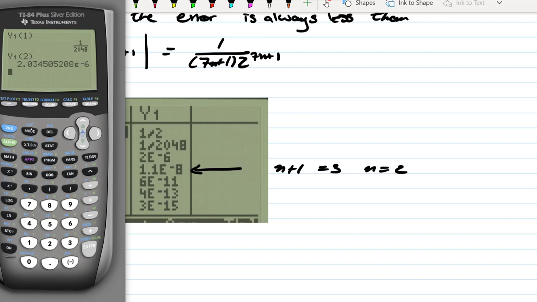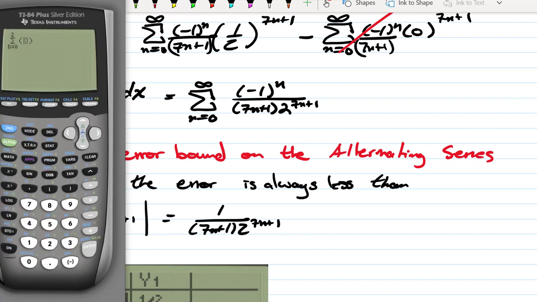and add up the first couple of terms, so we go sum as n goes from 0 to 2 of, now we got to go back to our original series, negative 1 to the n all over 7n plus 1 times 2 raised to the 7n plus 1.